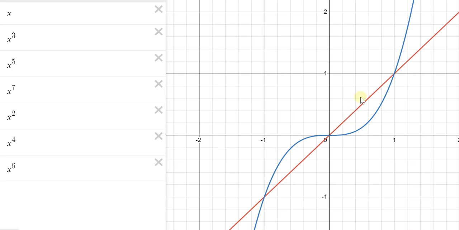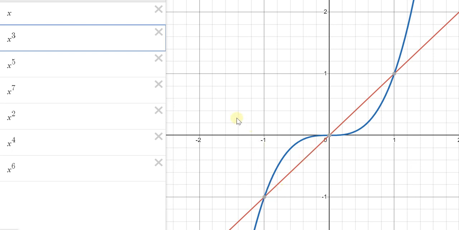Therefore, both of these are increasing. Now, very interesting, both of these functions go through the point (1, 1), right in here. And both of them go through (0, 0), and both of them go through (-1, -1). Okay, so there you have it: (1, 1), (0, 0), (-1, -1).